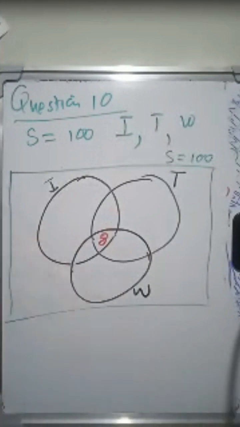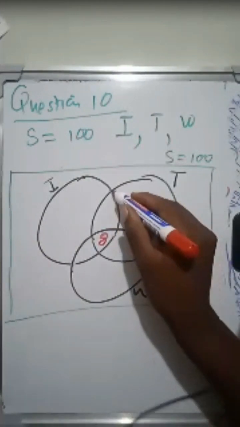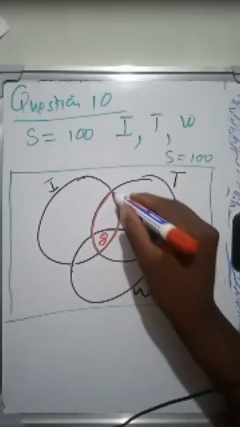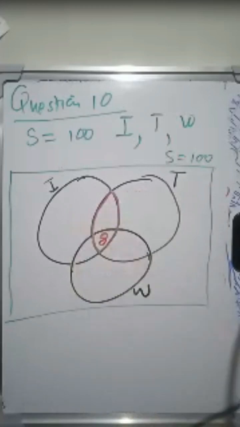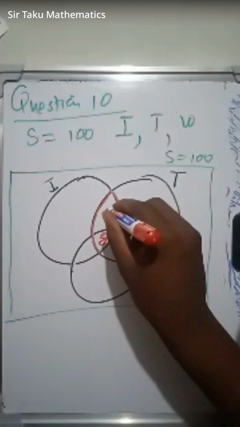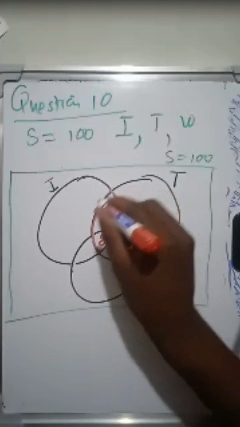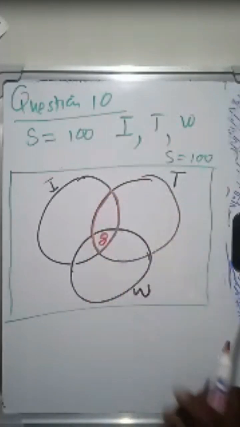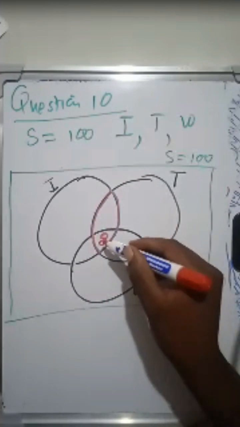So 8 use all the 3. Okay? So 12 use Instagram and Twitter. So if you're talking about Instagram and Twitter, we are talking about that. Here, this is Instagram and Twitter only. So there are 12, but already we have 8.